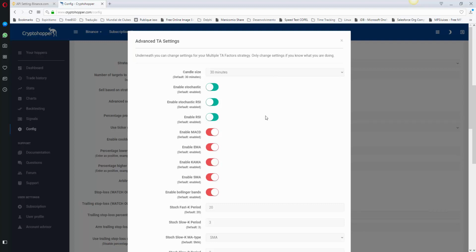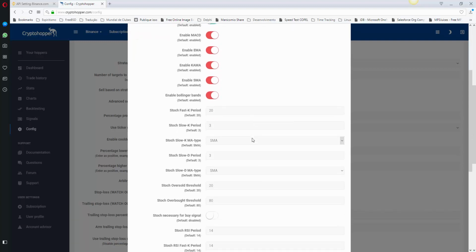But basically, they try to detect if the coin is good to buy based on how much the coin has been dumped lately. That means if the coin has been sold a lot, it's probably good to buy. But based on what? I will show you the main parameters, not all of them.